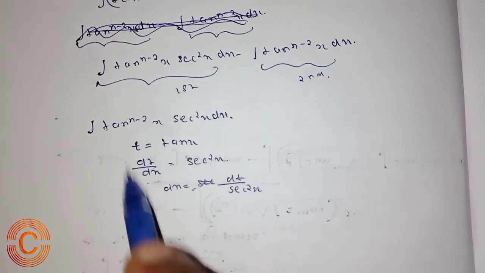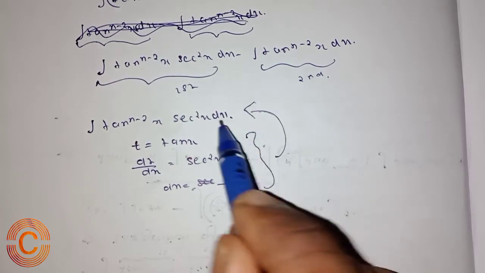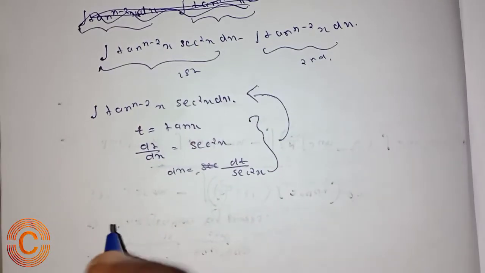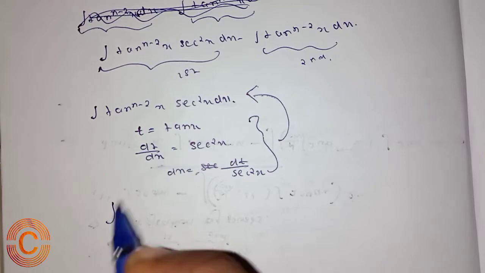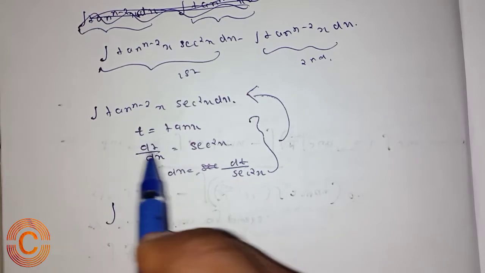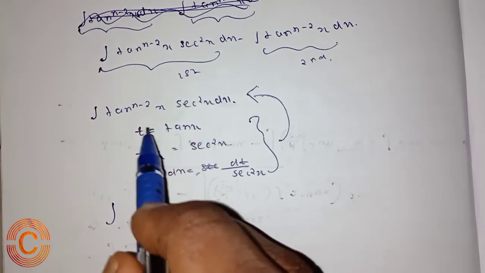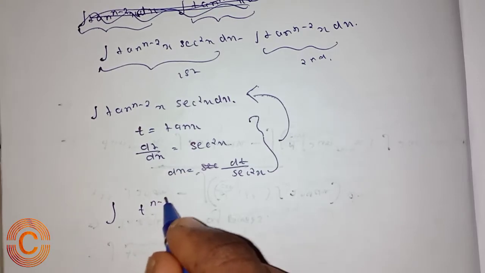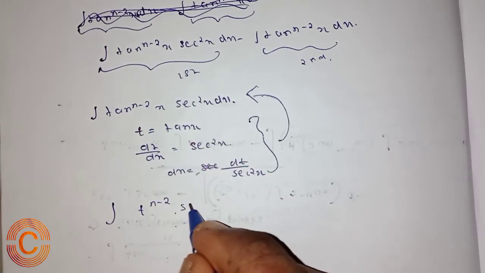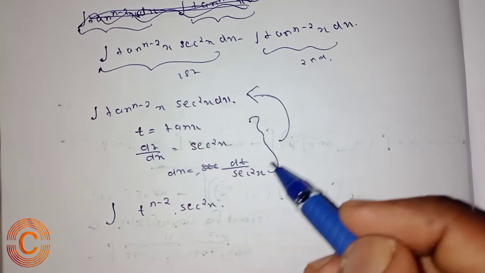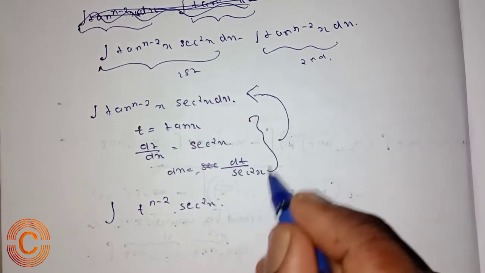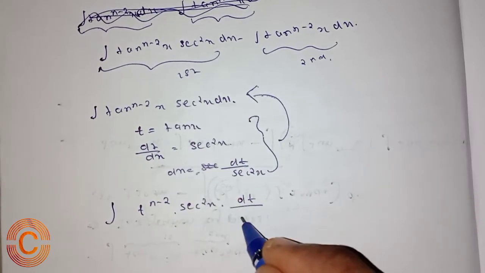Substituting into this formula, we get the integral of tan^(n-2) x. Put tan x equal to t, so t^(n-2) into sec square x into dx, where dx is dt divided by sec square x.